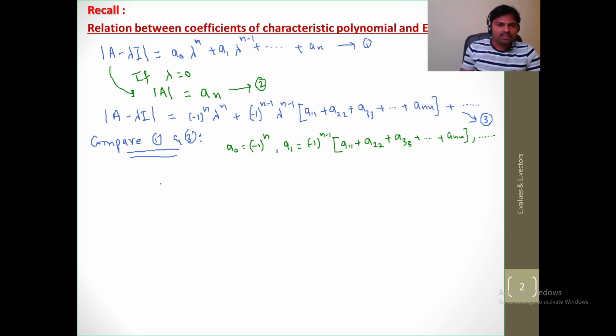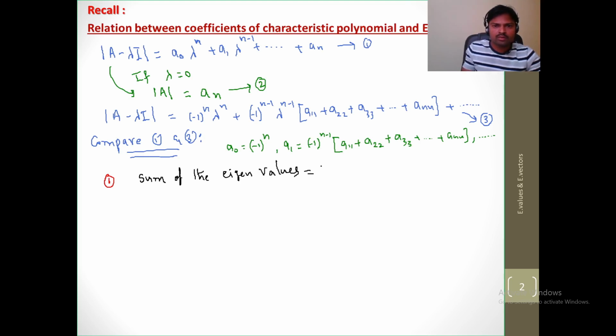So after this, now let us come to the relations. First one, sum of the eigenvalues is equal to the sum of the roots.